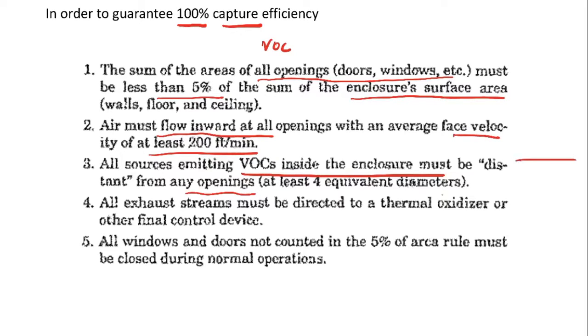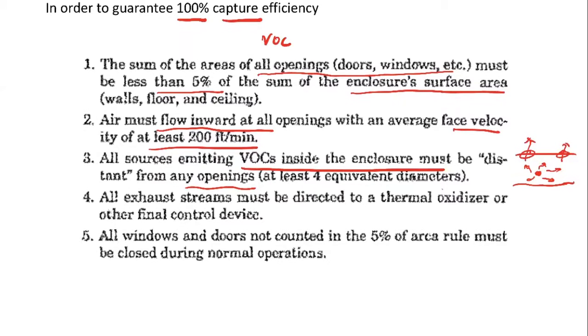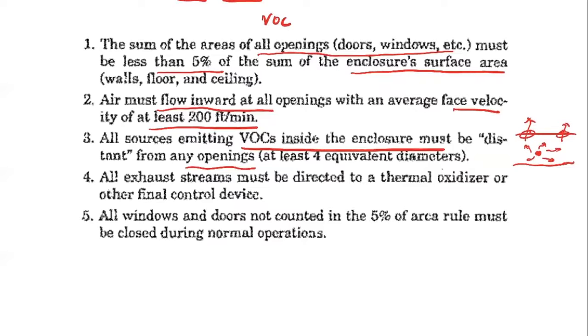So let's say we have a duct, and we're forming VOCs inside, say a point source here forming VOC molecules. We want to make sure that there are no openings close to this source here. Otherwise, the VOCs will just leak outside, right? We basically want this to be a closed system. So all the exhaust streams must be directed to the thermal oxidizer or other final control devices.